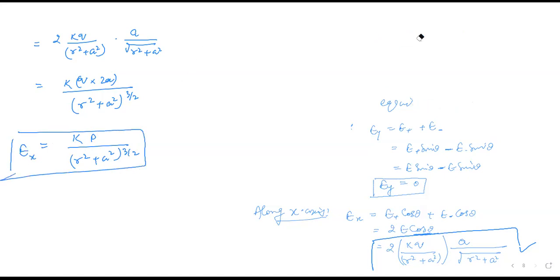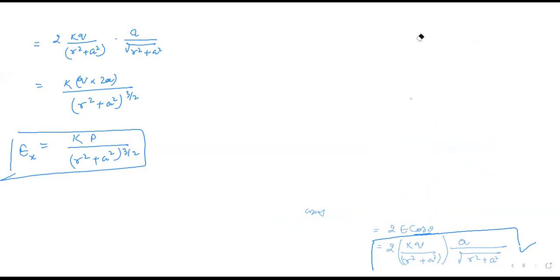Then what will be the net field at point P? The net field on the equatorial line will be E net is equal to Ex plus Ey.